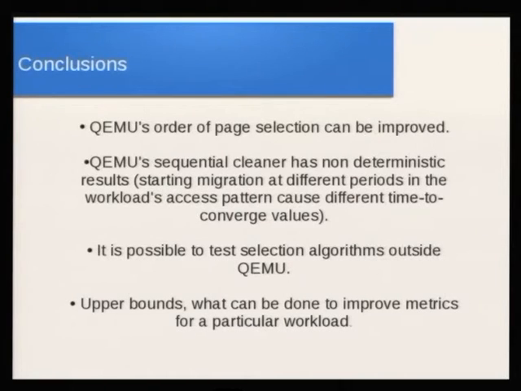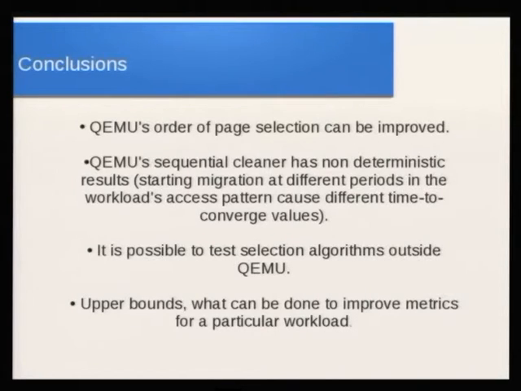So the conclusions from this study are that the order of page selection in QEMU can be improved, that the sequential cleaner has non-deterministic results, so that if you have a sequential writer, depending on when you start the QEMU migration, you'll finish at different times.